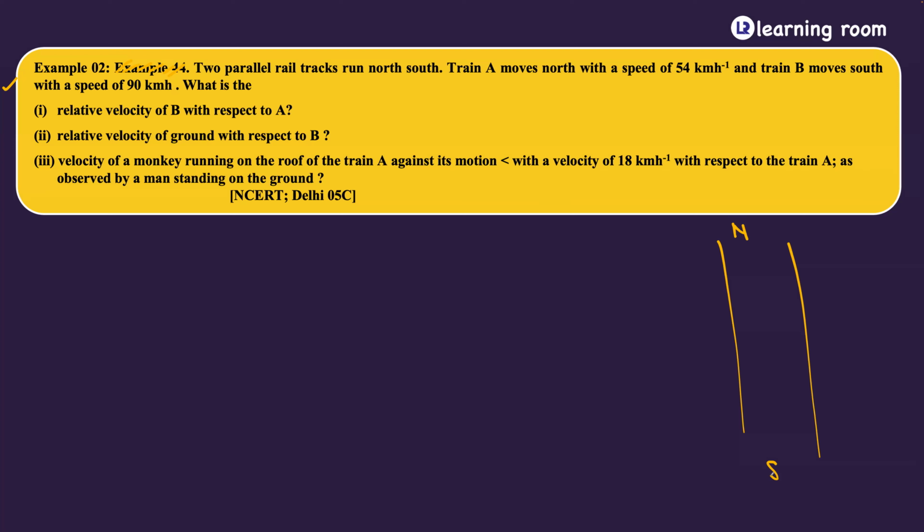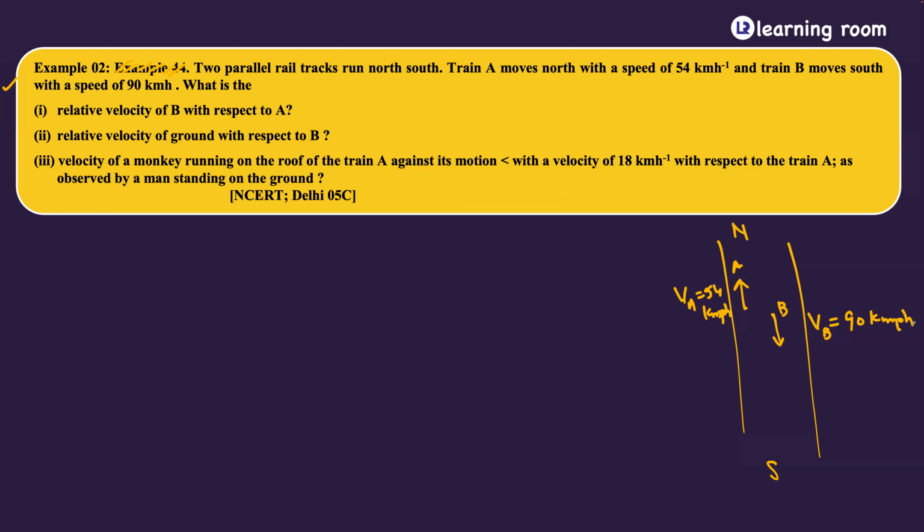Train A moves north with a speed of 54 kmph, and train B moves south. So the velocity of B is 90 kmph.